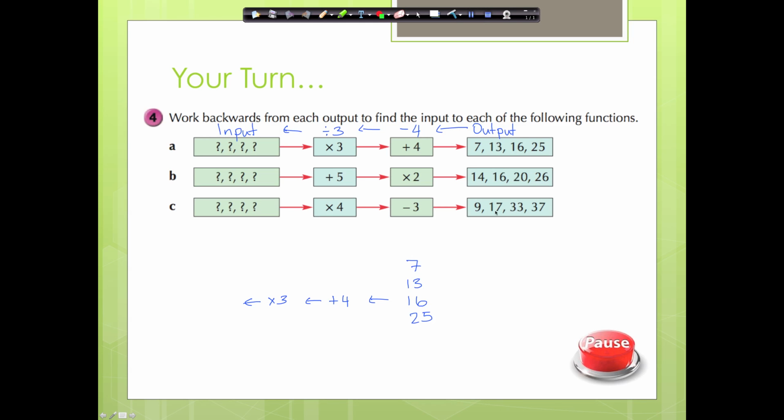Okay, so we're just going to go through the answer for the last one. If it's minusing 3, I know that I have to add 3 if I'm going backwards. So we've got +3, and then instead of timesing by 4, I have to divide by 4.